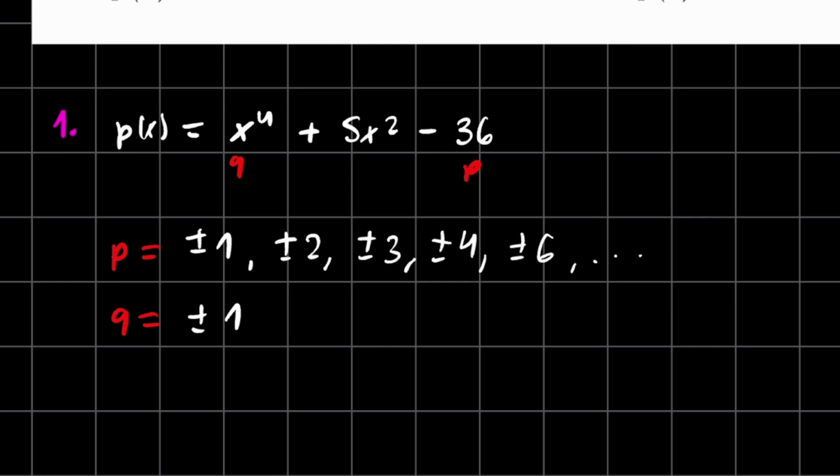Then you're going to take P over Q, and check for every single P and every single Q. That is, plus minus 2 here, plus minus 1 here, plus minus 3 here, and so forth. As you can see, we only have plus minus 1 in Q, meaning we're going to check only basically the values of 1, 2, 3, 4, and 6, right?